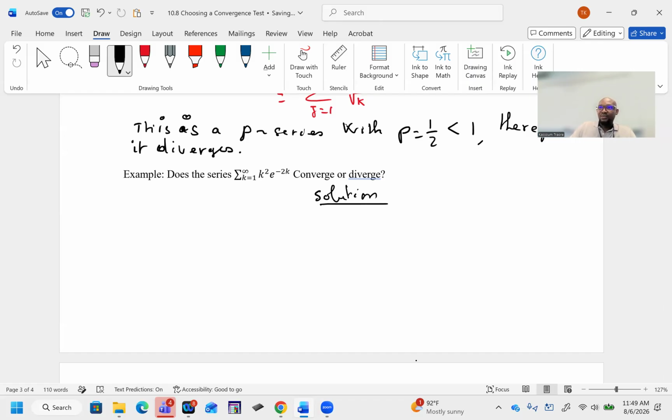So the general term of this series of positive terms can be integrated using integration by parts, right? If you look, we can use the integral test in this case.